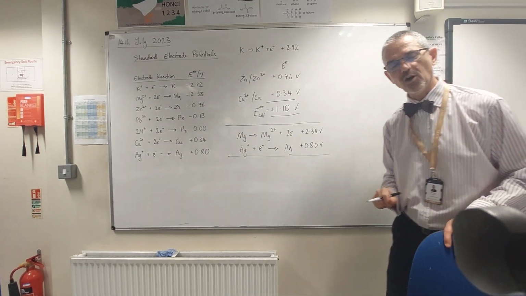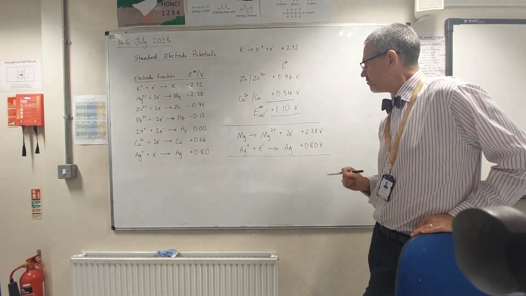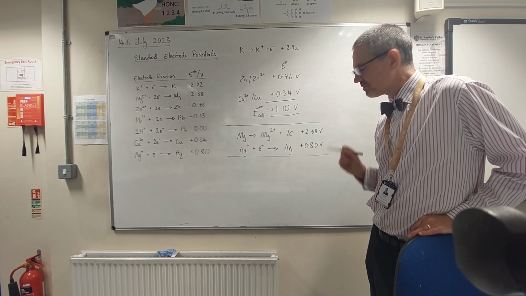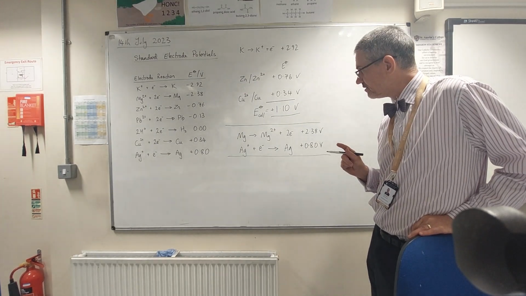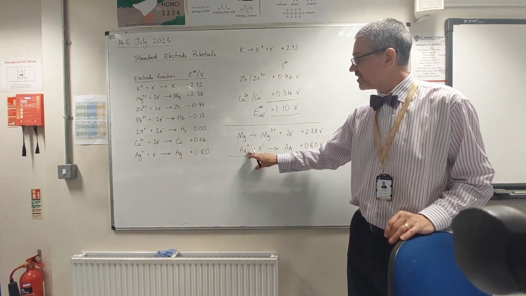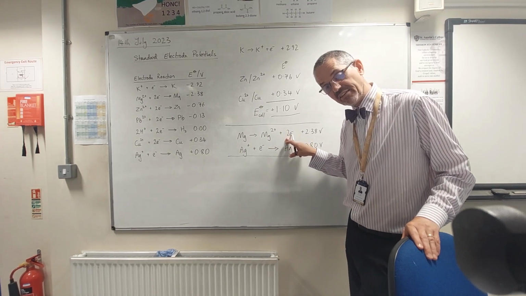Just before we go on, is there anything at all that I need to think about before we add those numbers together? Because the aware amongst you will have noticed that silver's only gaining 1 electron. Magnesium is giving away 2.